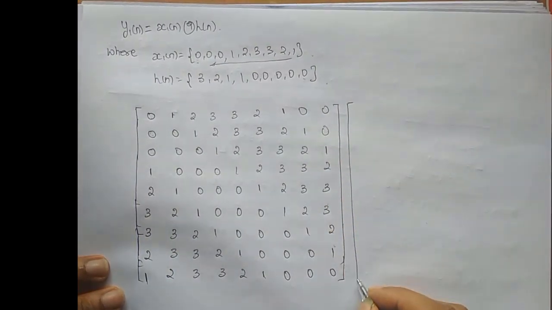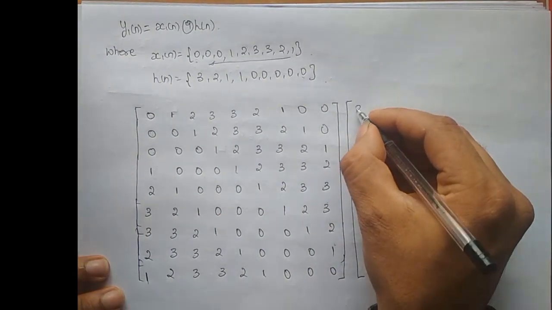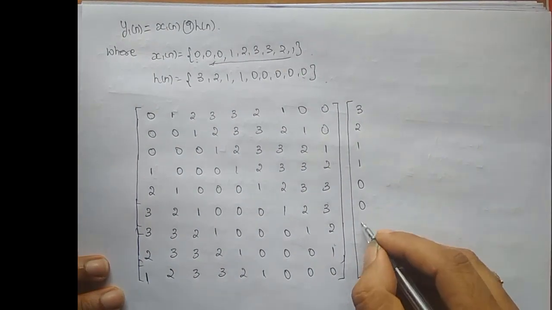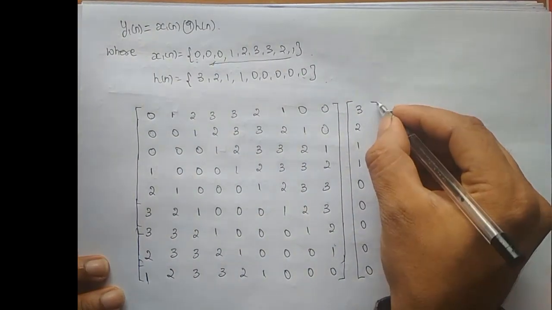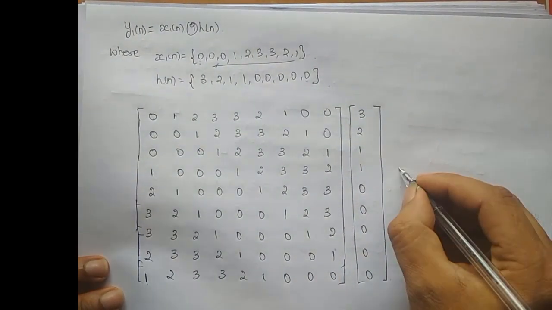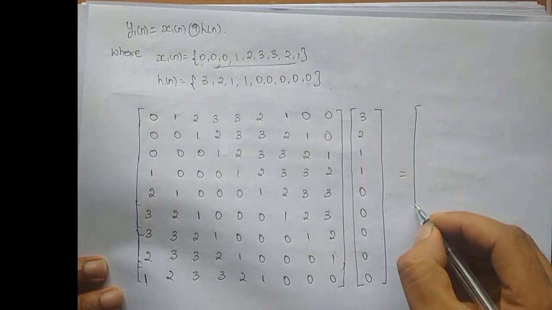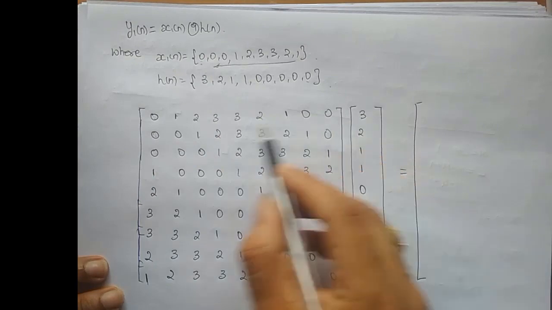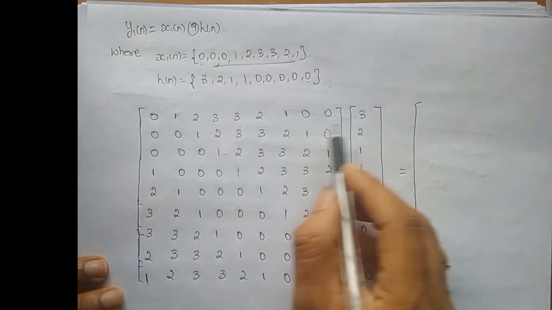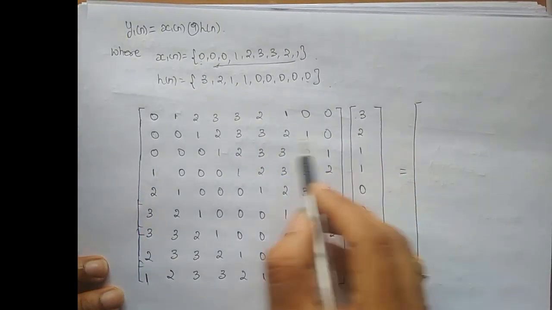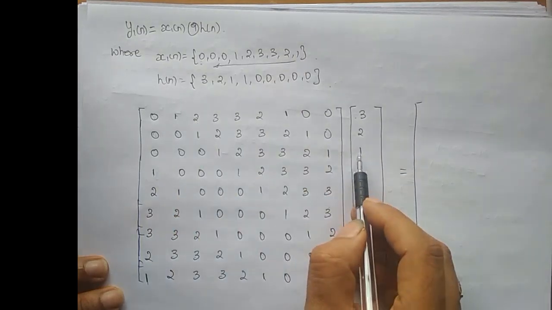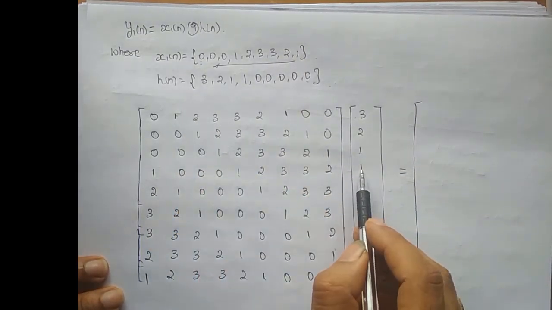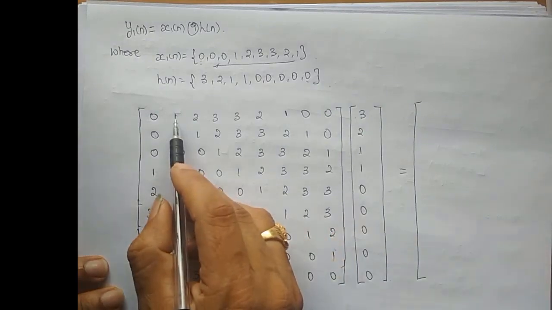And the column is the impulse response, which is 3 2 1 1 0 0 0 0 0, and this is equal to, so I have to perform multiplication. 3 times 0 is 0, plus 1 times 2 is 2, plus 2 times 1 is 2, plus 3 times 1 is 3. So what I get here is 7.